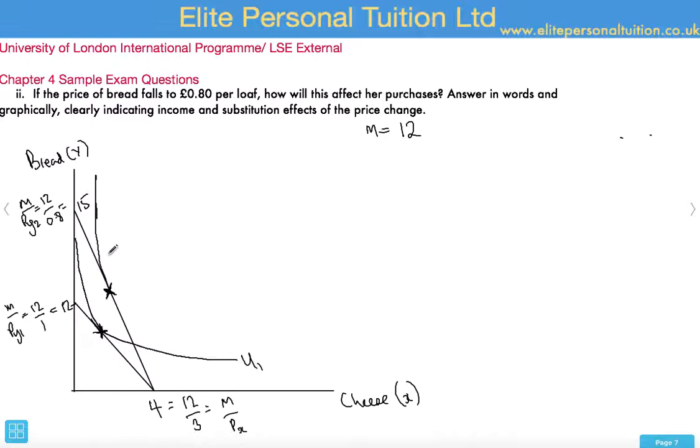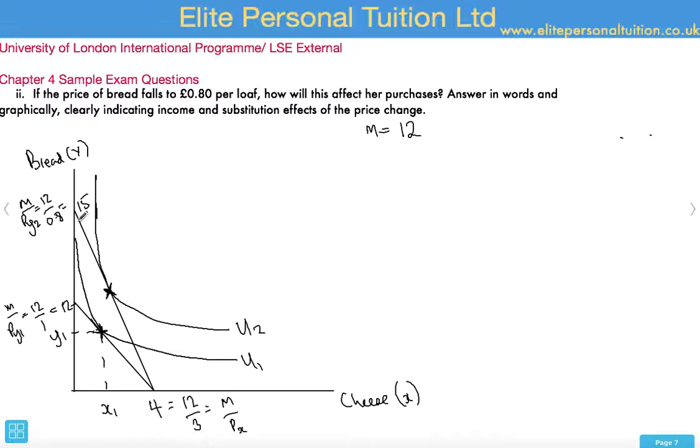So then I draw on my new utility curves. Remember, your utility curves can never cross. So just make sure that you don't have an intersection between U1 and U2. Okay, so let's look at our starting point. At the beginning we consumed X1 and Y1.